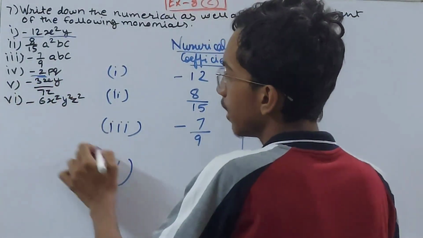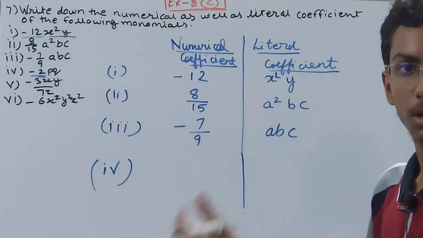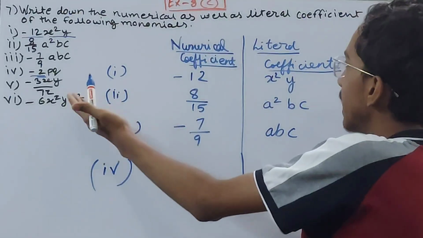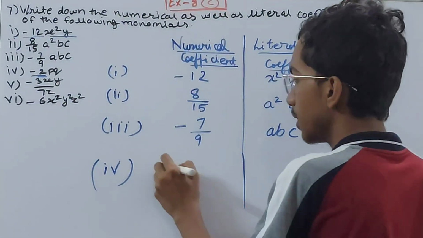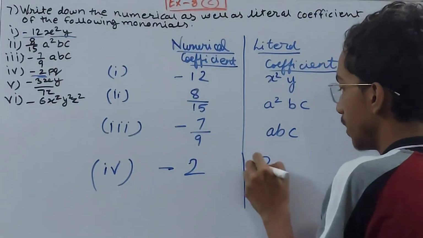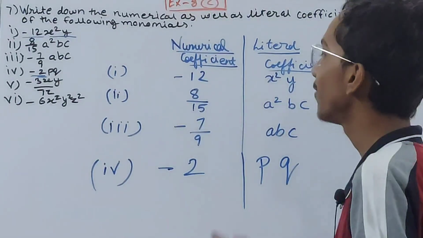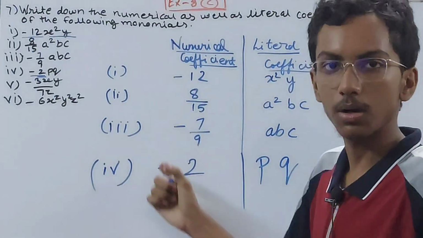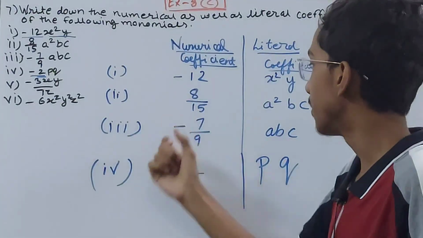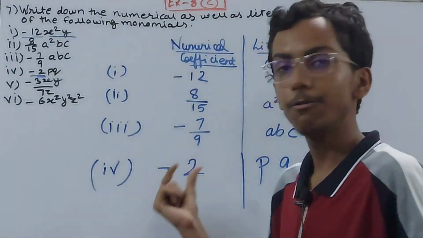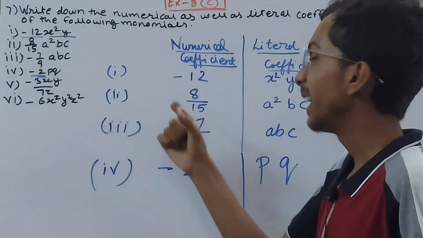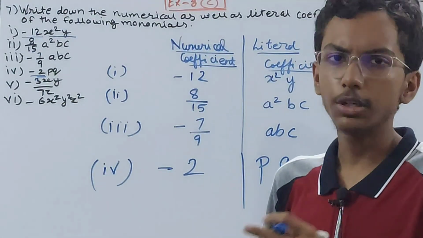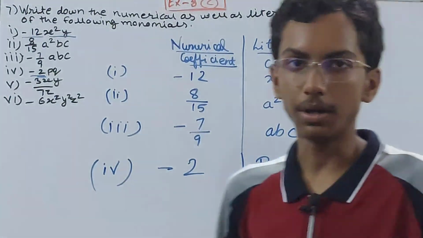Minus 2 is the numerical coefficient because it is a constant, it is a number, it has a fixed value. PQ, that is variable, this is a literal, it will go in the literal coefficients. Minus 2 here, PQ here. You will also see that we are putting the minus sign accordingly. We are not missing the minus sign. This is very important. If you miss the minus sign, your answer will become wrong. And here the plus sign is already there, so it's understood. You can skip the plus sign, don't need to write it.